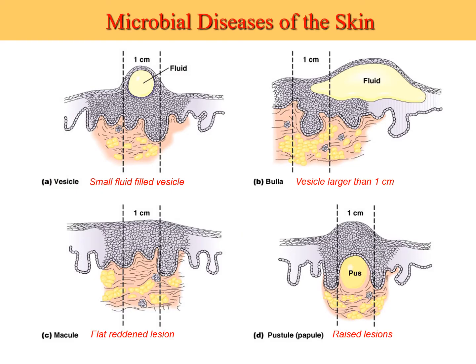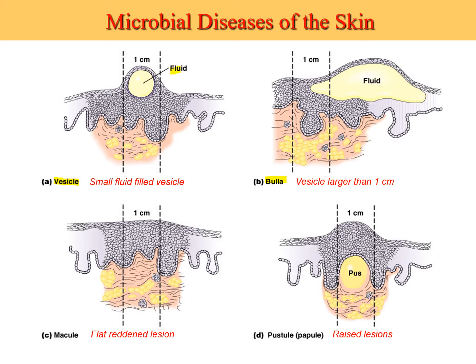Often associated with skin disease are these red lesions or rashes, and sometimes they can have fluid-filled spaces. If it's less than a centimeter, it's called a vesicle. If it's larger than a centimeter, it's called a bulla.